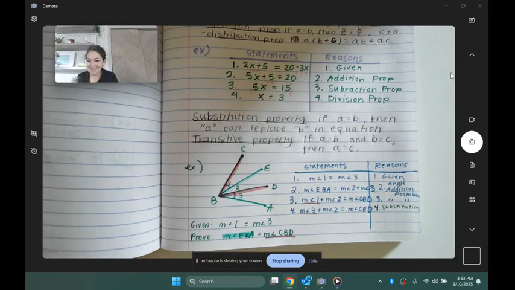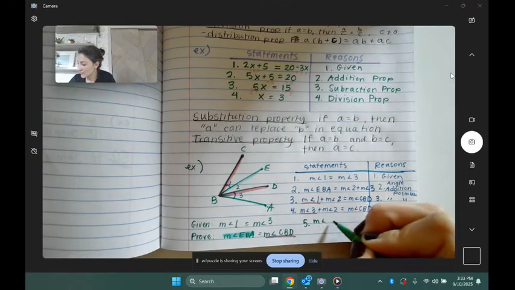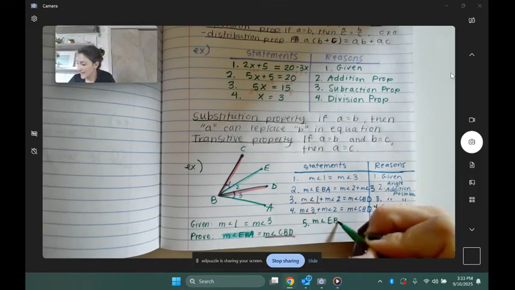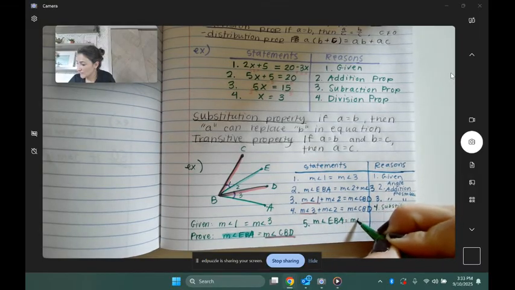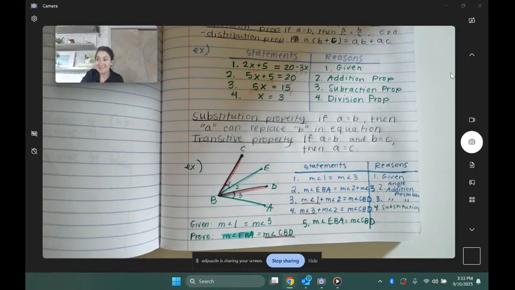And my last one here. Okay, so now I can jump. The measure of angle EBA is equal to the measure of angle CBD because, let me get my yellow highlighter.